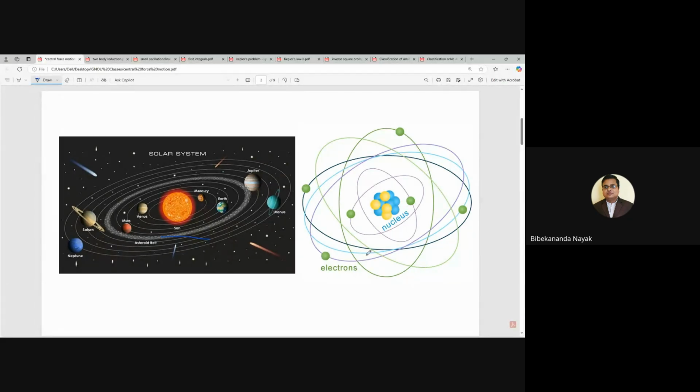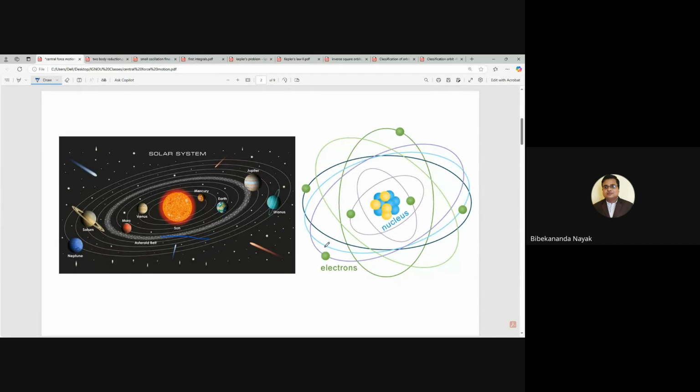Inside the atom, electrons are revolving around the nucleus due to which type of force? Nuclear force? Electron is revolving around the nucleus, outside the nucleus. Nuclear force is a short range force which exists between neutron and proton inside the nucleus. Range is femtometer.